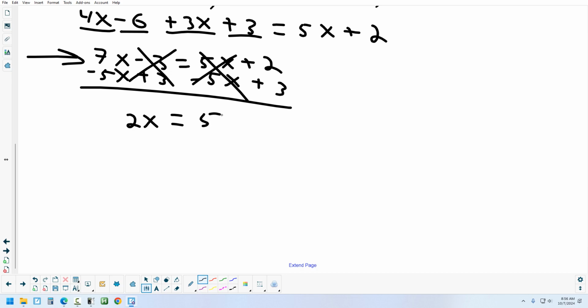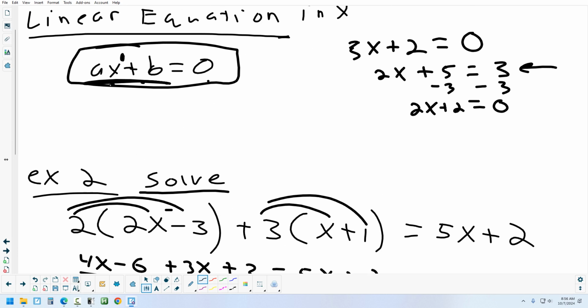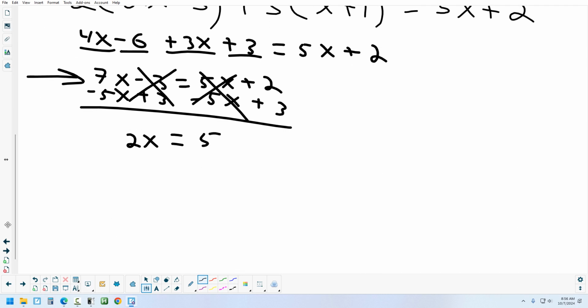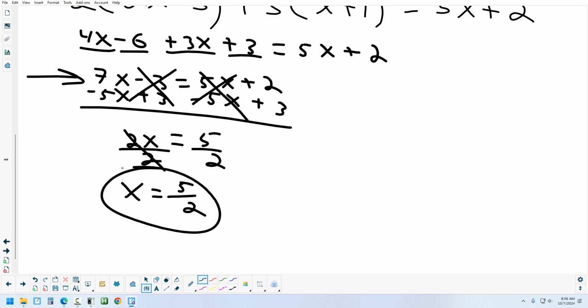And again, if I wanted to prove that this is linear, all I would do is bring the 5 to the other side, and I could say now it looks exactly like that, so it's linear. But that's not how to solve it. To solve it, we just want to divide each side by what number? 2. So divide by 2. Unless they ask for a decimal, you don't need to.